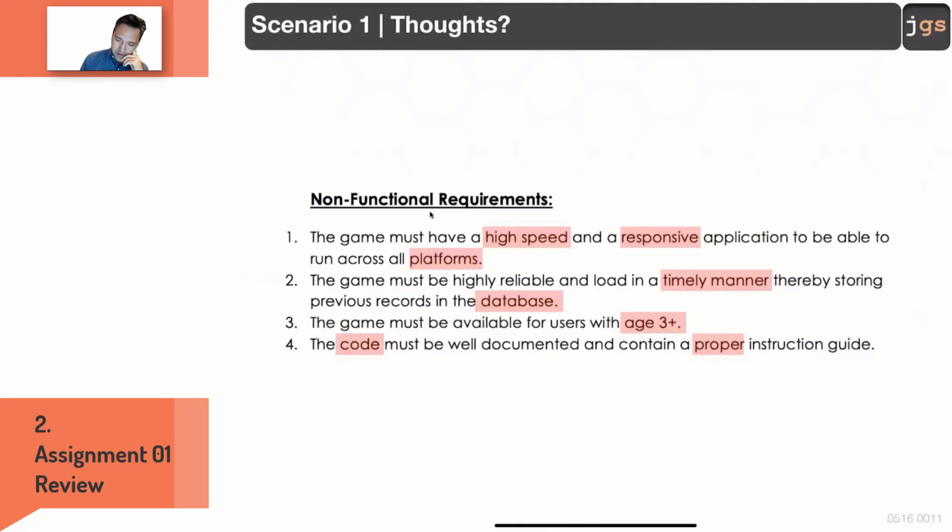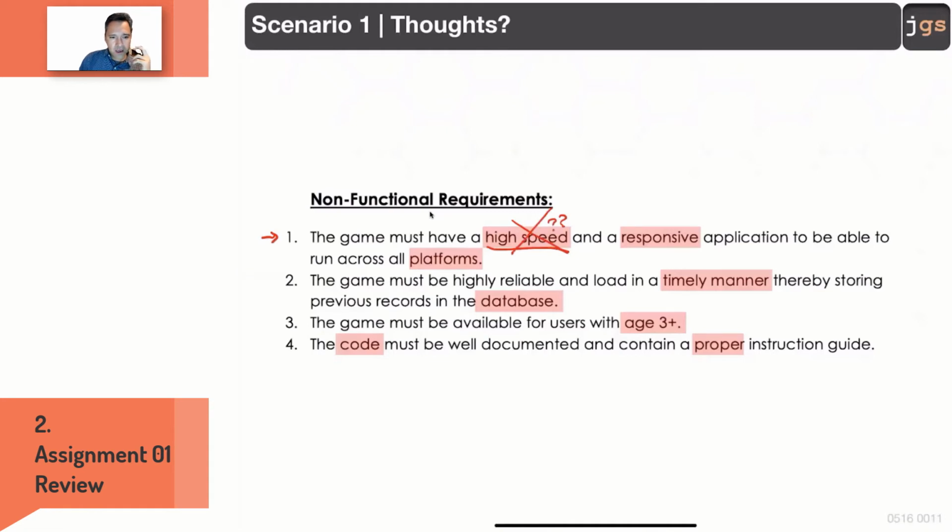But let me talk about the number 1. If you tell me high speed, what is high speed? In a requirement, you need to be clear, and clear means everyone understands the same. And probably high speed is a red light, because not all of us are going to understand. And think about this, it's not only technical people, but also your customer.